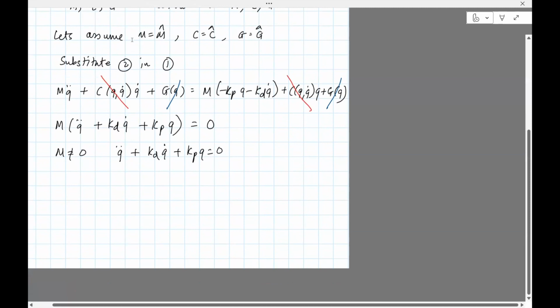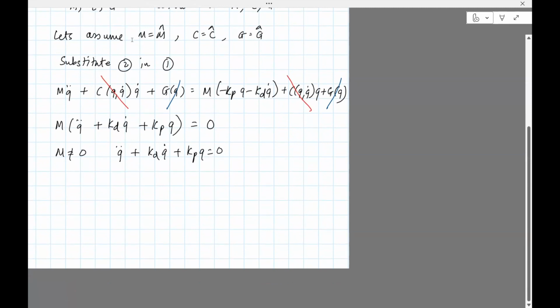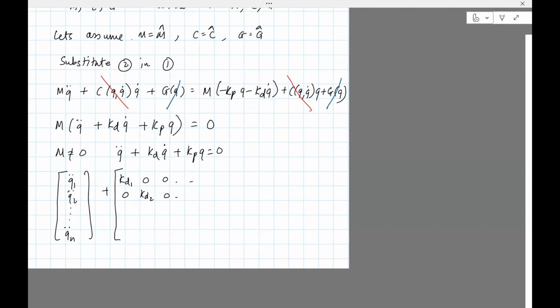Okay, so this equation actually is nice, because if you expand this out, you get q1 double dot, q2 double dot, so on till qn double dot, plus, okay, kd and kp are parameters you choose. These parameters are user chosen, so I'll just choose kd to be diagonal: kd1, 0, 0, so on, 0, kd2, up to kdn.